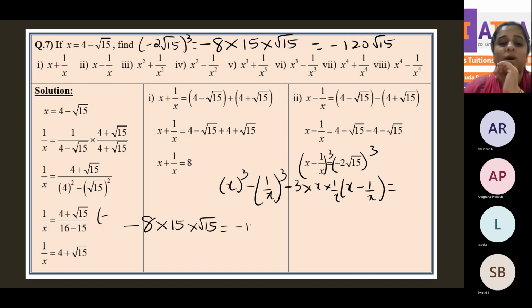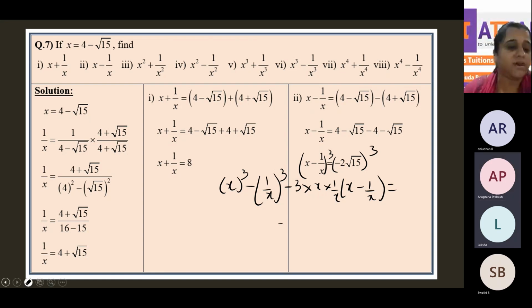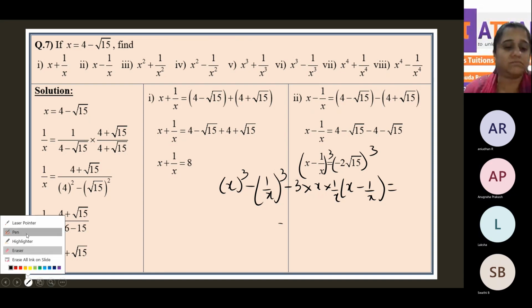So the product is minus 120 root 15. Any doubt there? Online students, understand? Yes, ma'am.